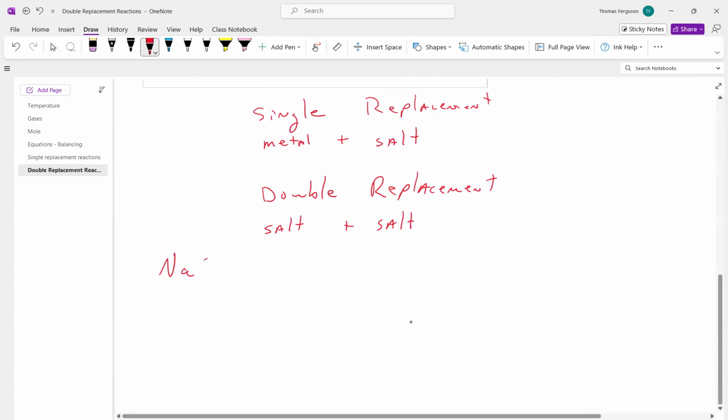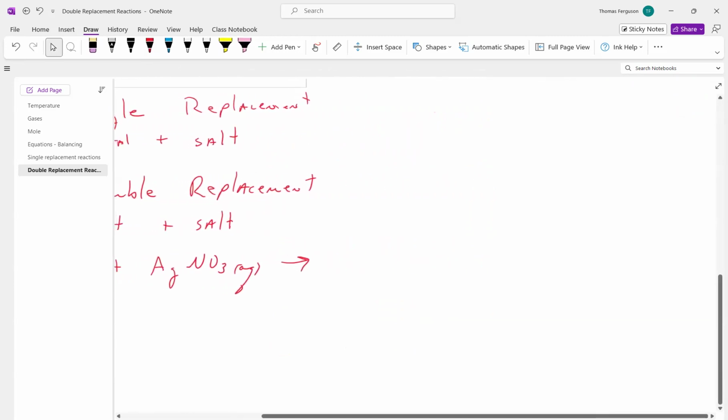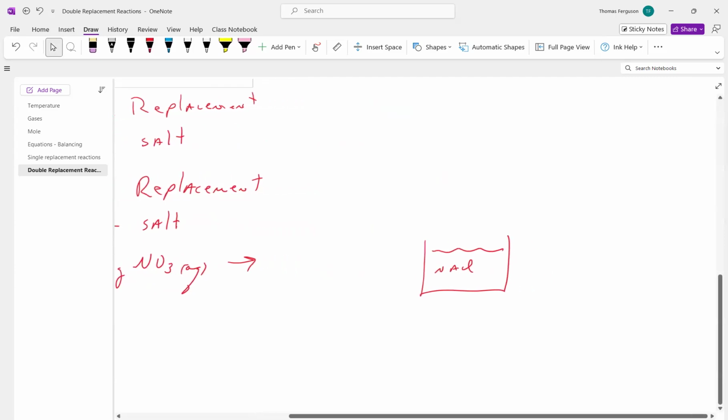So let's take table salt, and let's take silver nitrate. And we are going to dump them together. So what that's going to look like is we have a beaker. Sodium chloride dissolved in water.